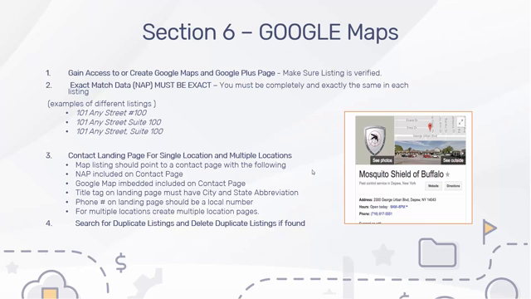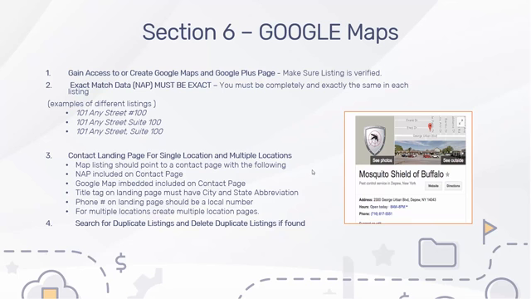Gain access or create a Google Maps and Google Plus page. So if the business doesn't have a Google Maps or Google Plus page, they will create one for the business and verify it. It needs to be exact match data. NAP. NAP is name, address, and phone number. Okay, they need to be exactly the same on Google Maps and on the website.